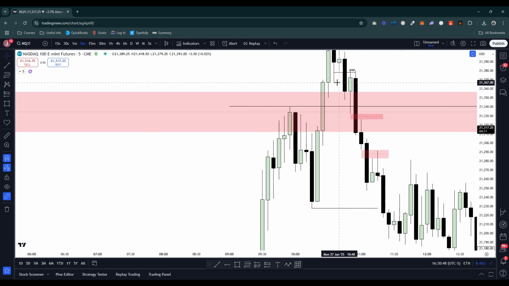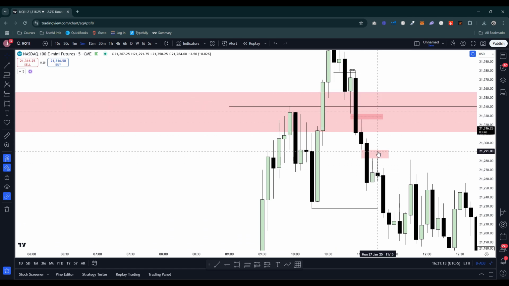On the 5 minute in this structure, we haven't broken any lows with this fair value gap or this fair value gap. So how do I know this is going to work? What do I do? Lower time frame confirmation, right? Time frame alignment. That's how I know this is going to be respected. Plus, we were displacing lower.